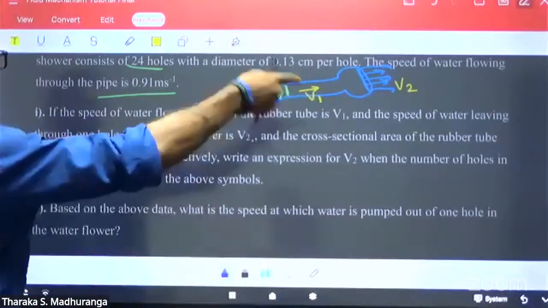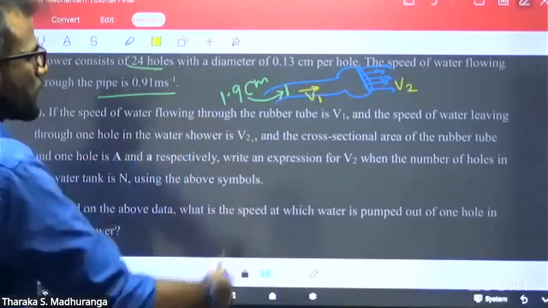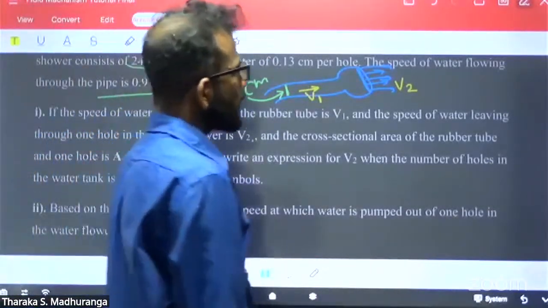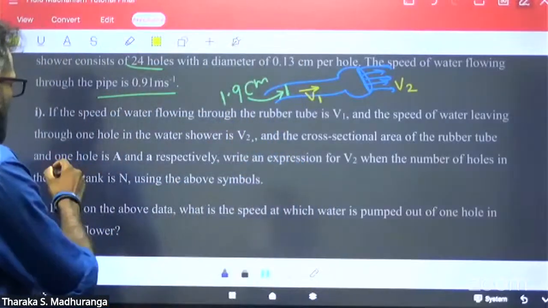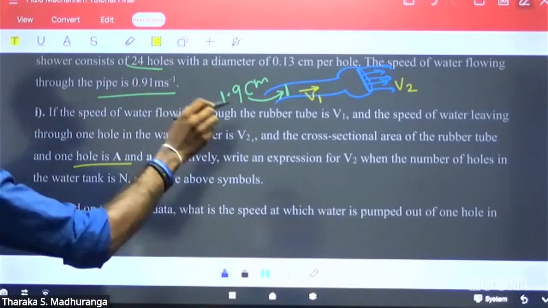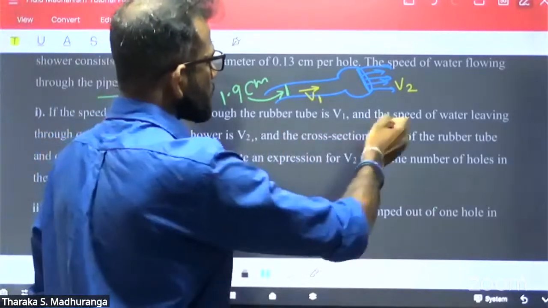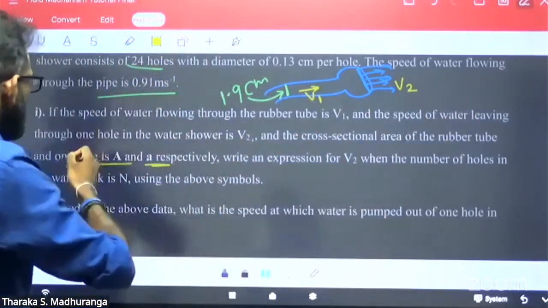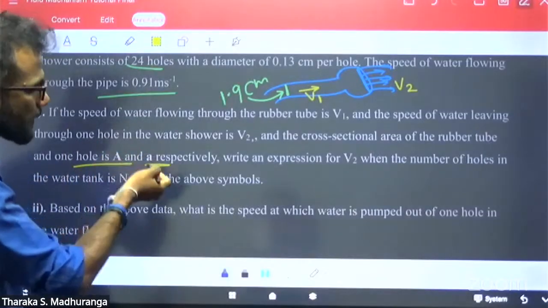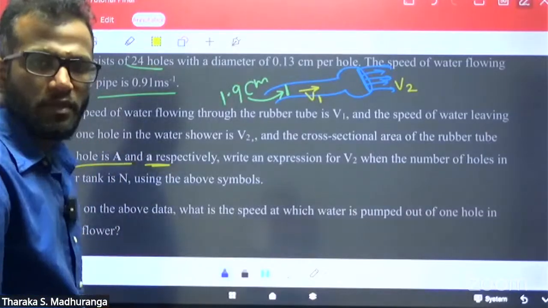The speed of water leaving from one hole is V2, and the cross-sectional area of the rubber tube is A, and the cross-sectional area of one hole is small a, respectively.